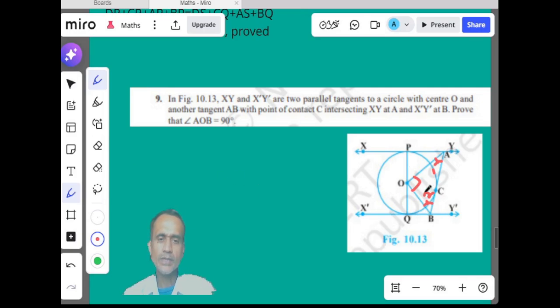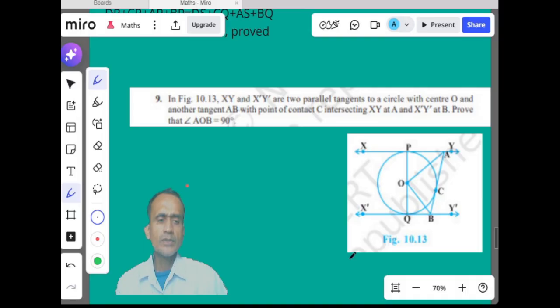So we'll work on this hypothesis to prove that angle OAB plus angle OBA is 90 degrees. Once we have formed that mental map of the way to solve the problem, we go ahead with that.